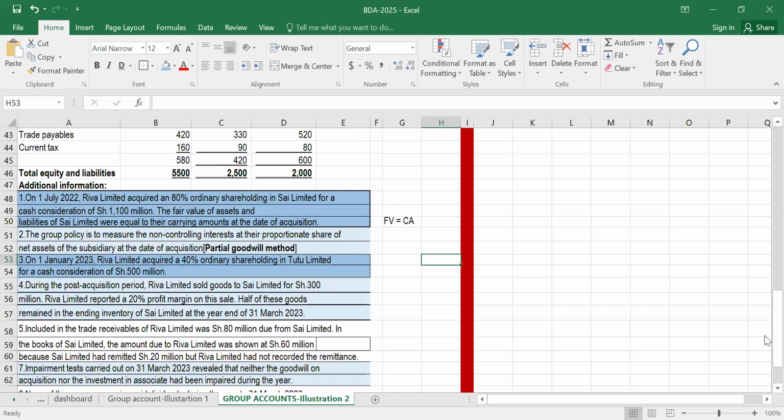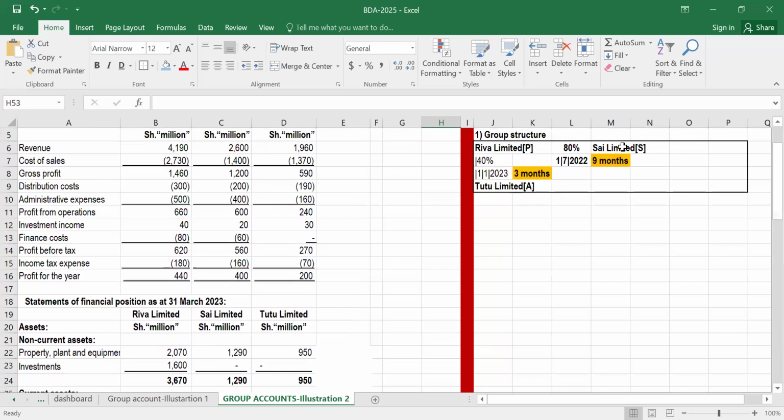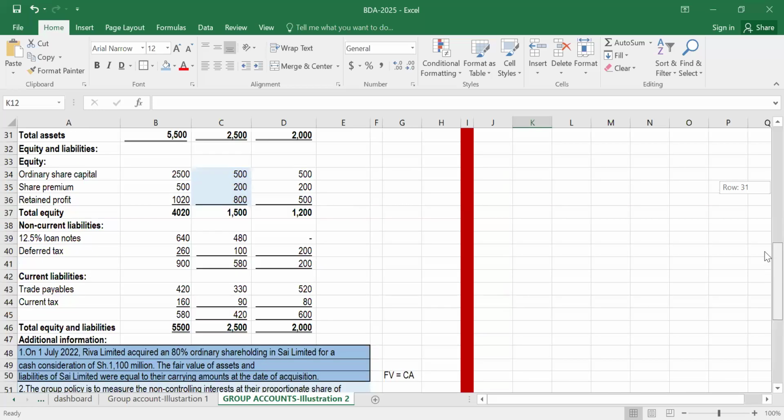First of all, you have to recall that anytime you have sales between the parent and the subsidiary, because BV is the parent and CCIE is the subsidiary, then we refer to that as intra-group trading, or intra-group sales. And we said that such amount of intra-group trading is supposed to be deducted from the group revenue and also the group cost of sales. So how much amount was that? 300 million.